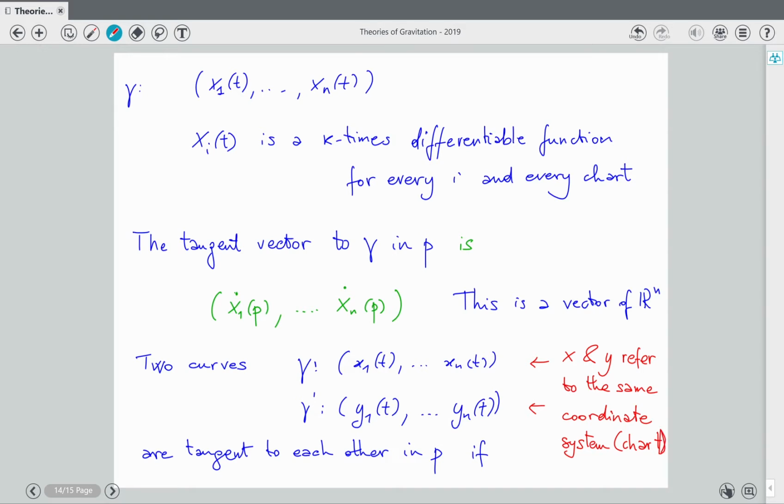So the two curves are tangent to each other if they have the same tangent vector.